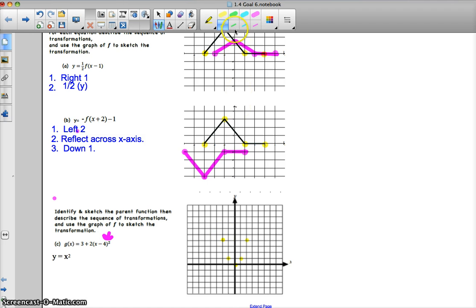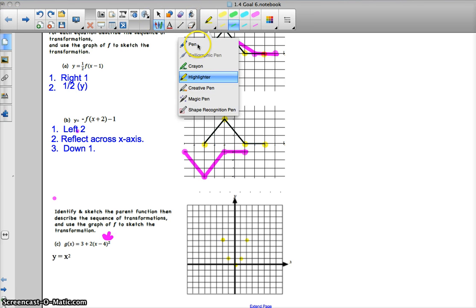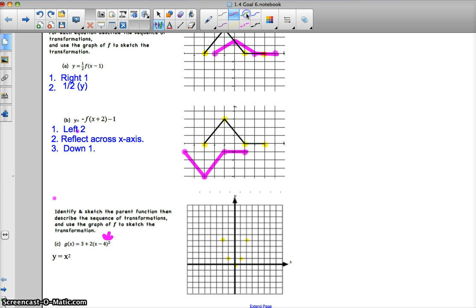Alright, I'm going to do my best to connect these. I'll change the color so you can see a little better. I'm afraid this is going to make a straight line instead of a curve. So let me go back to a pen, and I'll do my best to connect this with a curve using the mouse. It's not too bad.